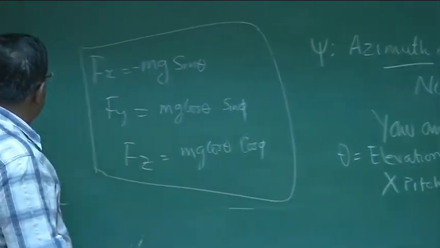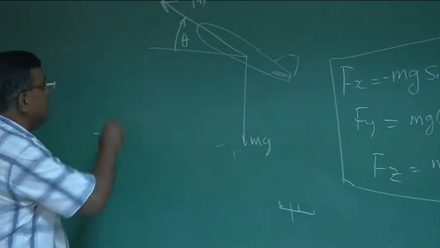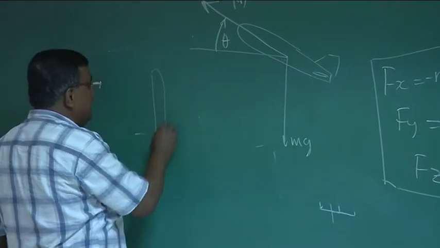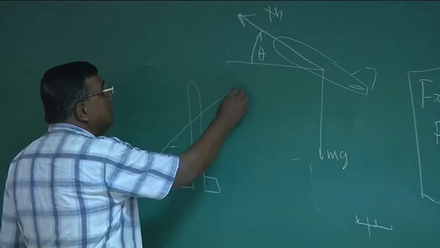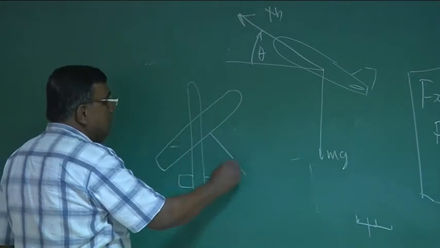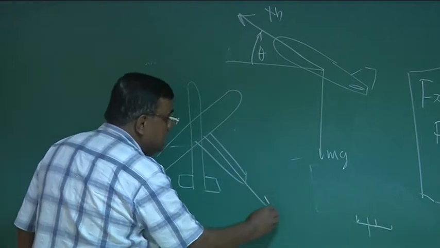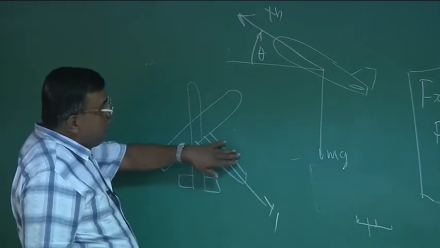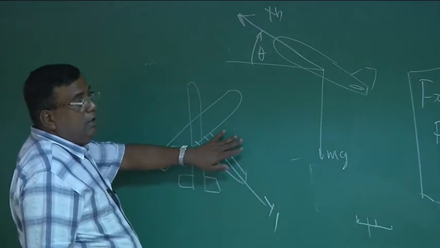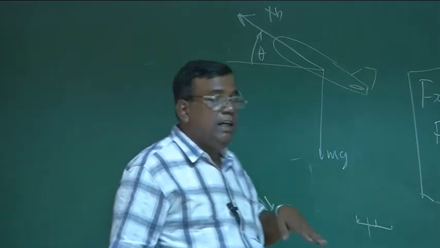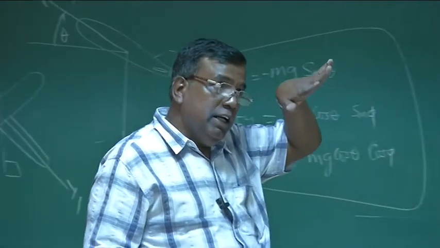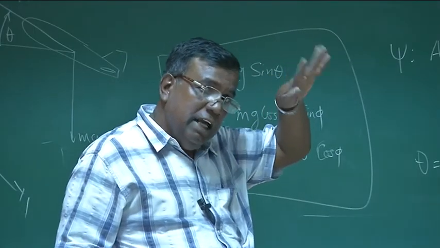Theta, you have seen, is rotation about the Y1 axis. That is, the plane was like this. After this, when I give a psi rotation, the plane's Y1 is this, and theta is rotation about the Y1 axis. But when you talk about pitch angle, it is the final orientation, whatever it is, about the YB axis.